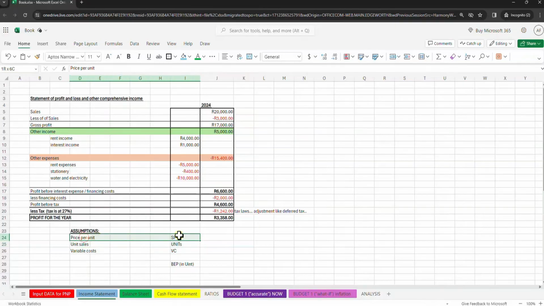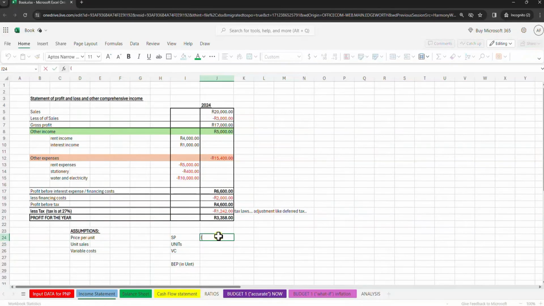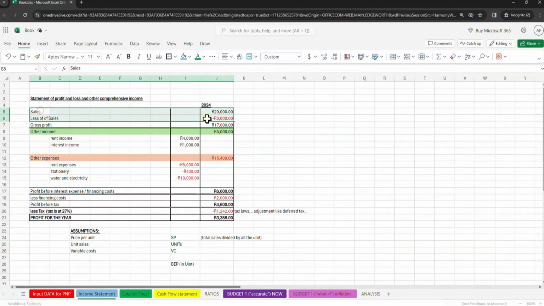With price per unit, you could then intuitively say total sales divided by all the units. Does that make sense? Irrespective of the unit. So how many items did I sell? All of it. What was my total revenue? All of it, and then just divide it. Does that make sense? Okay. Yes. For the business, the business might be selling laptops, phones, tablets, and all of that.